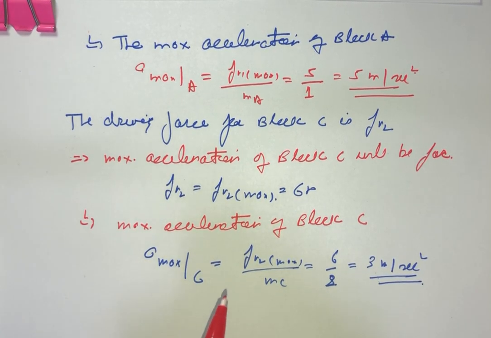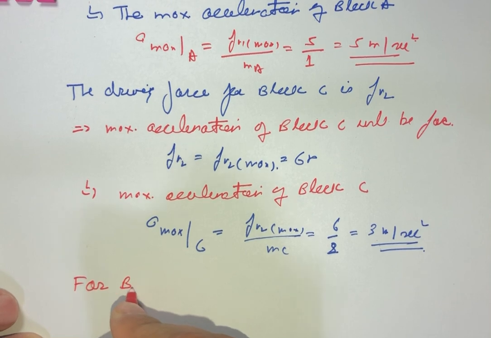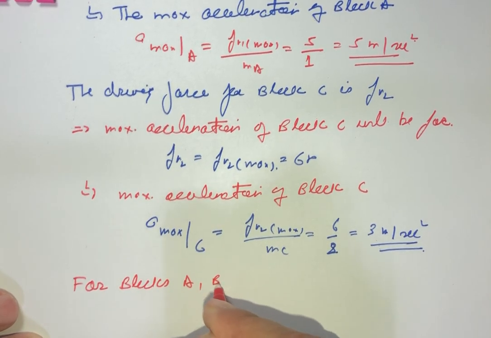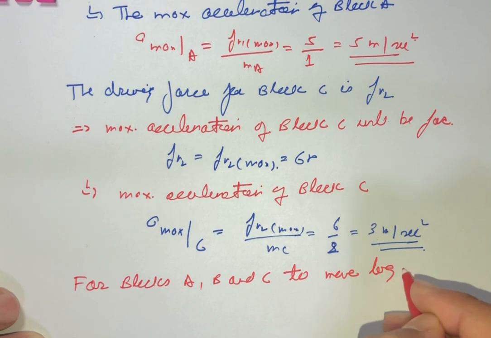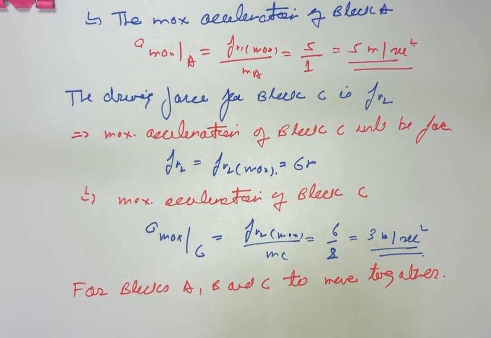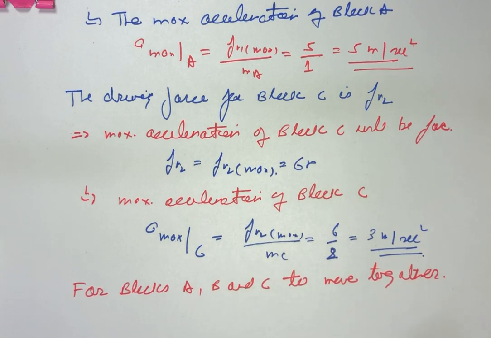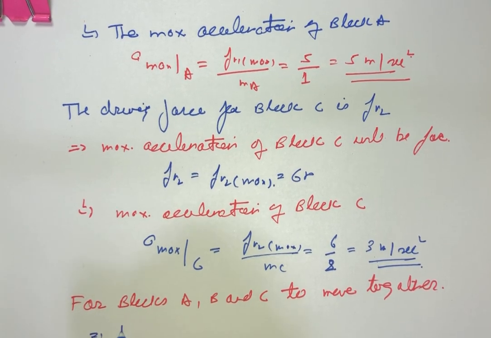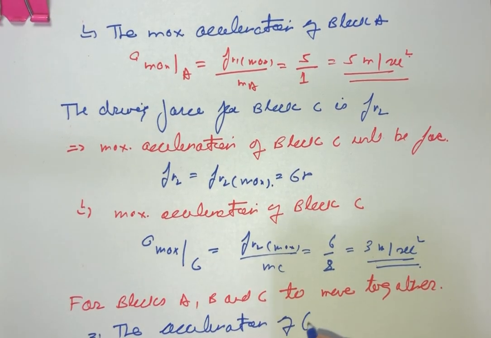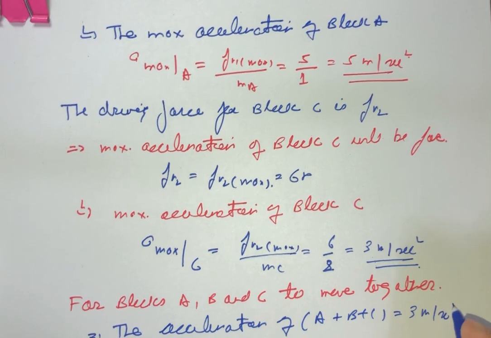So for blocks A, B and C to move together, the acceleration of A plus B plus C will be 3 meter per second square.